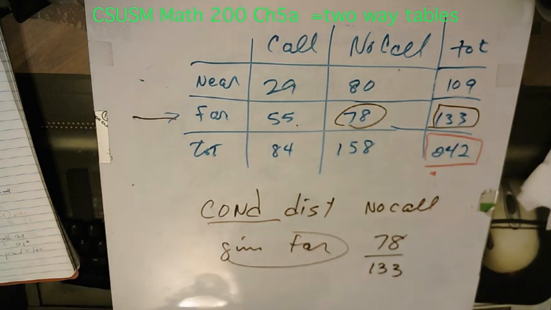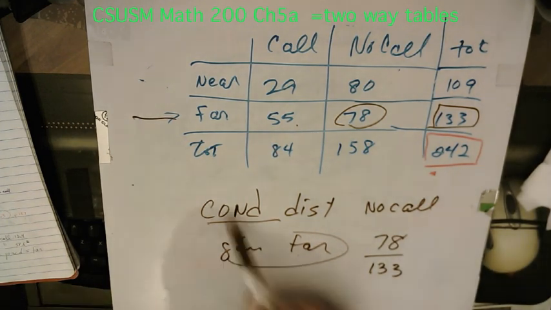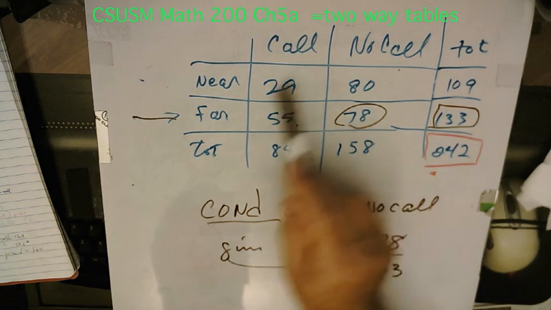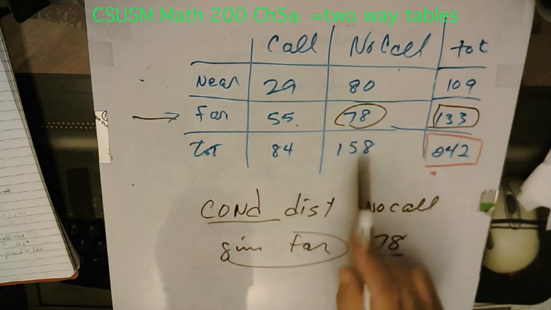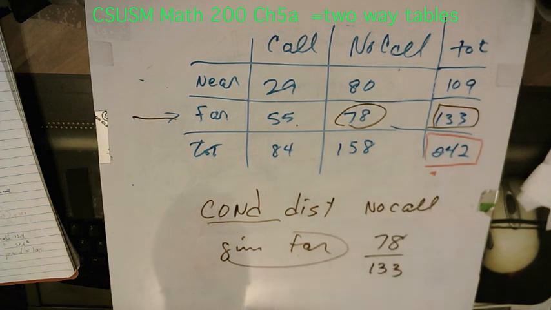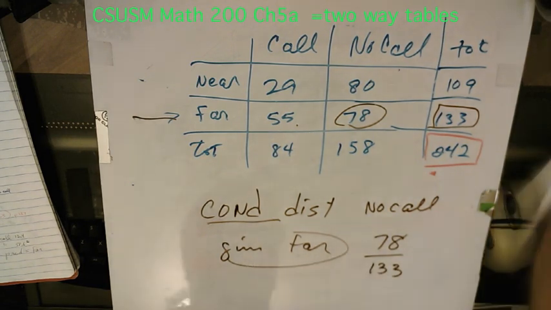So in working your data, that's what you want to look at. Is it a conditional distribution? Then you're going to use the data inside relative to the margin total. And then you're going to have to figure out, well, given what? Given far, given near, or whatever the statement is.